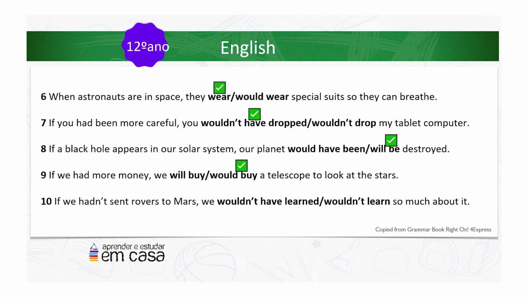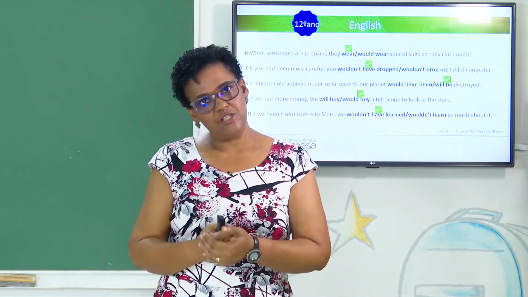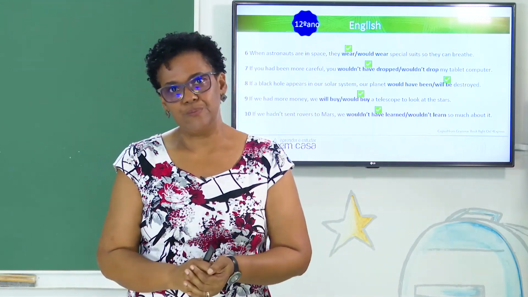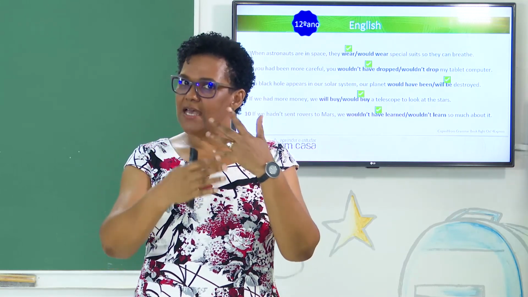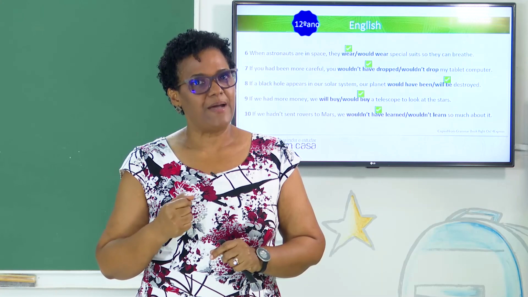So hadn't sent. What do you think? Exactly. Wouldn't have learned. Your classroom teacher is going to do more exercises with you so that you can understand this better, okay?